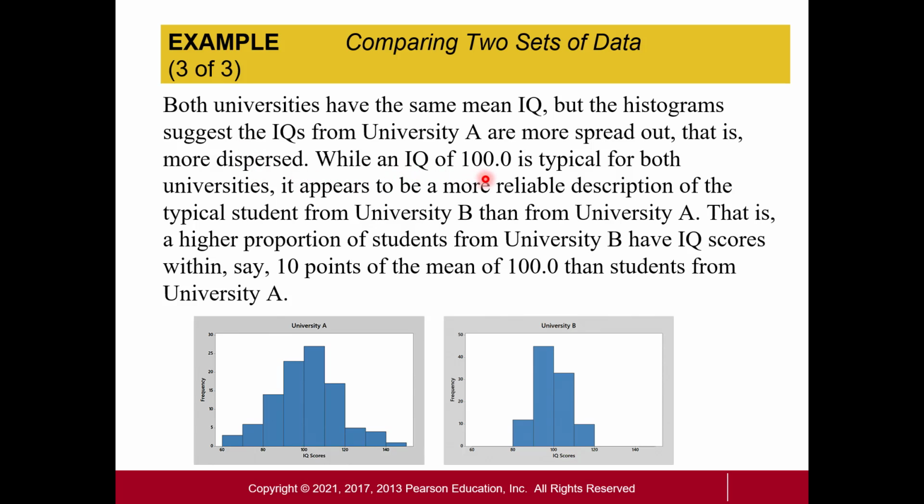Though the IQ of 100 is typical for both schools, it appears to be a more reliable description of the typical student at University B, because most of the students have an IQ score closer to that mean of 100 at University B as opposed to University A, where it's more spread out. A higher proportion of students from University B have IQ scores within, we can say, 10 points of the mean of 100, compared to University A students.